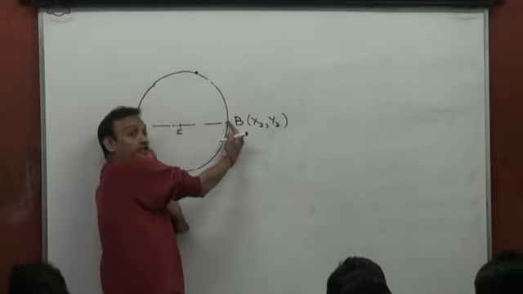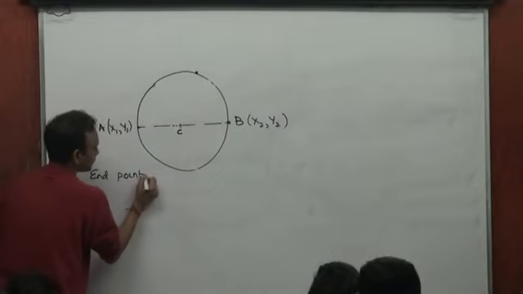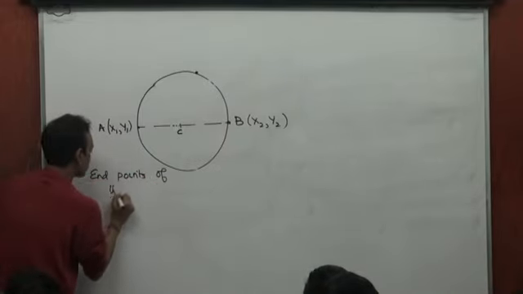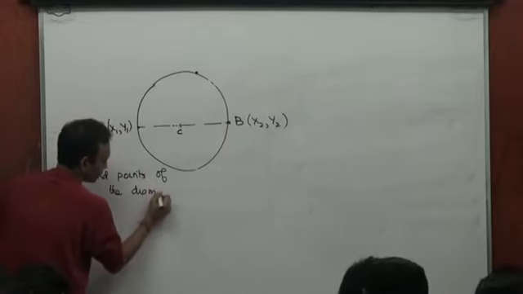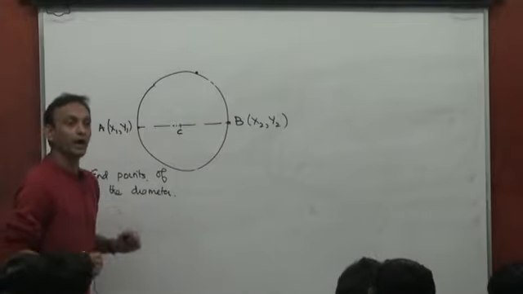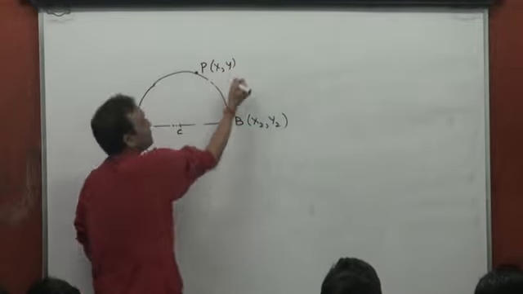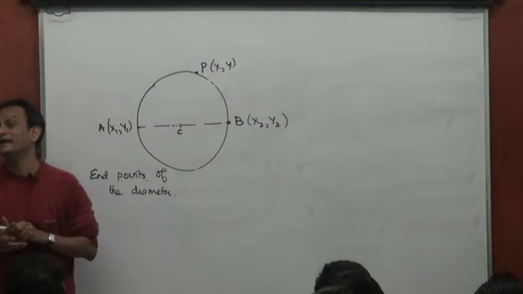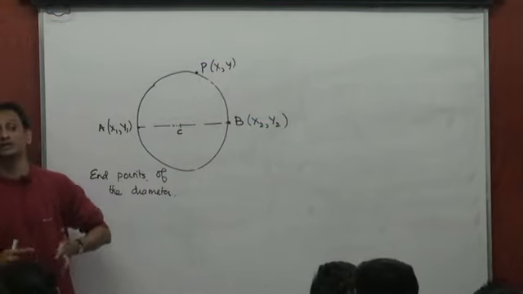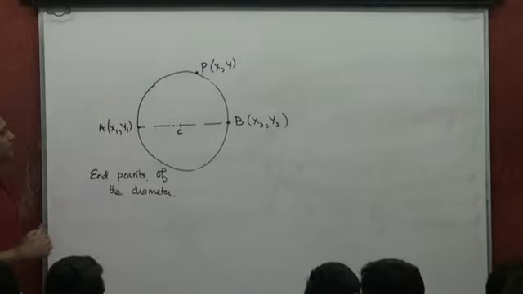So A and B are known, the endpoints of the diameter of a circle. And now, if P (x, y) be any point on the circle, equation of the circle would mean connecting x and y.